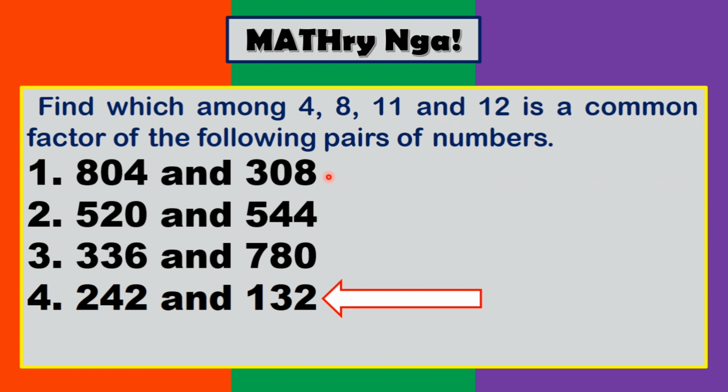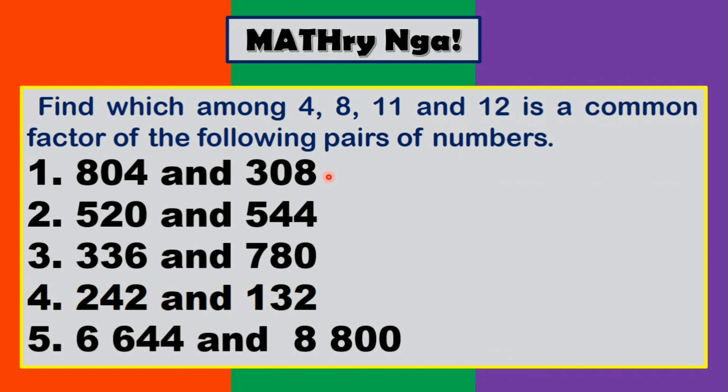Alright, so let's proceed now to the last number. Number 5. 6,644 and 8,800. Now, find their common factor or common factors. You have your time. Hit pause now! Okay, I think you are done.